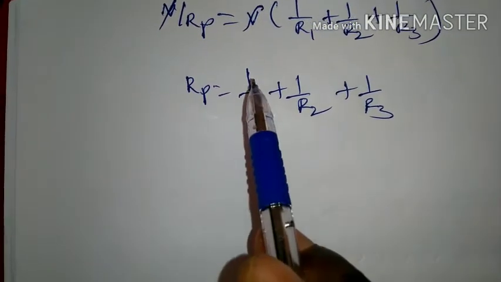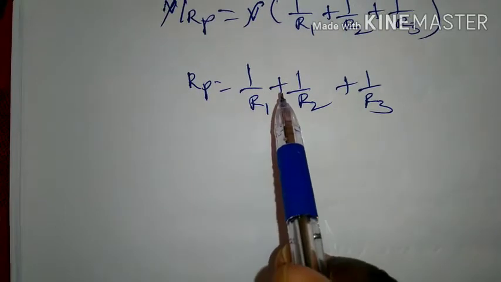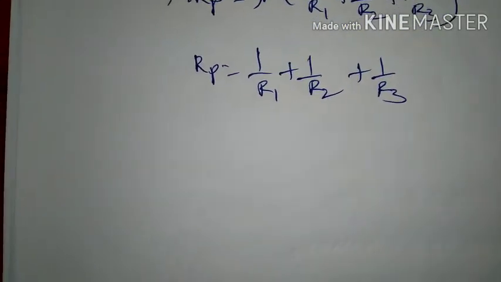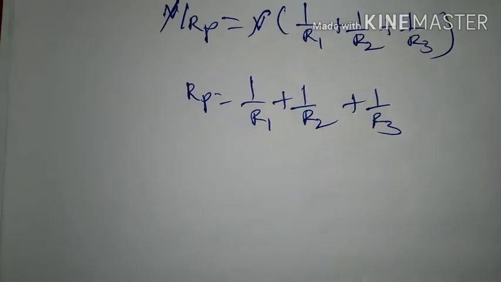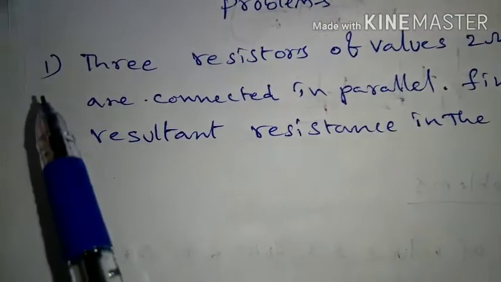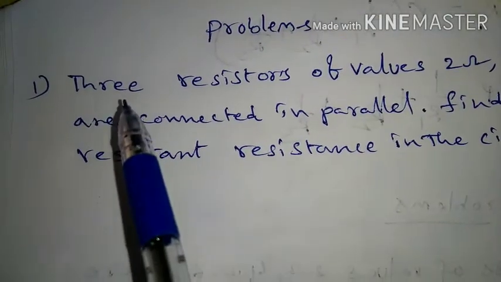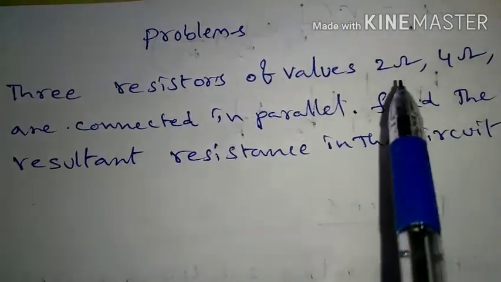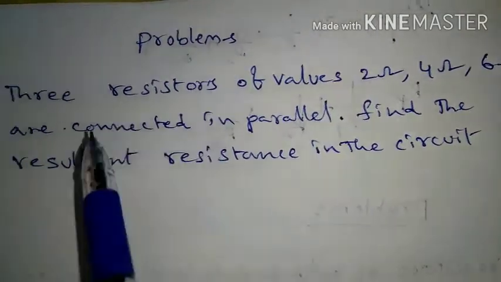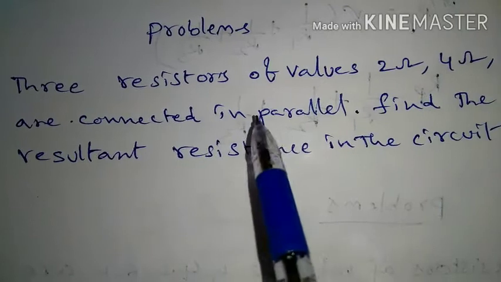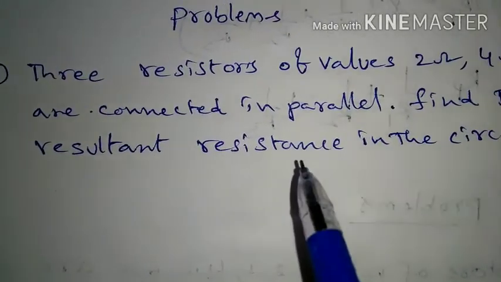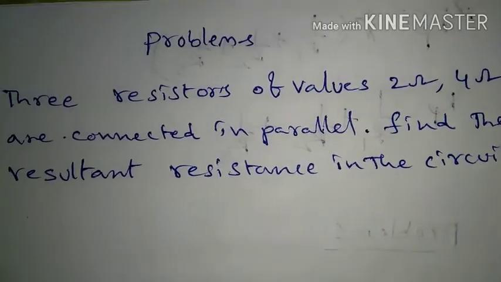Okay, this derivation is completed. Resistance in parallel problems. First problem: 3 resistors of values 2 ohm, 4 ohm and 6 ohm are connected in parallel. Find the resultant resistance in the circuit.